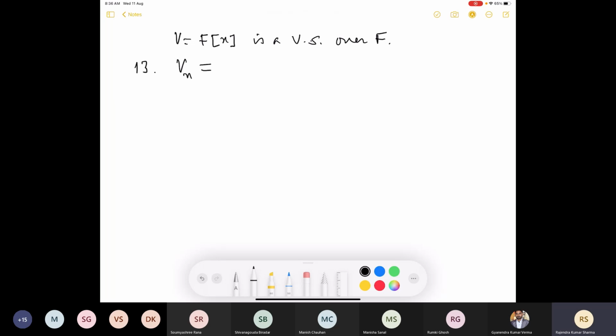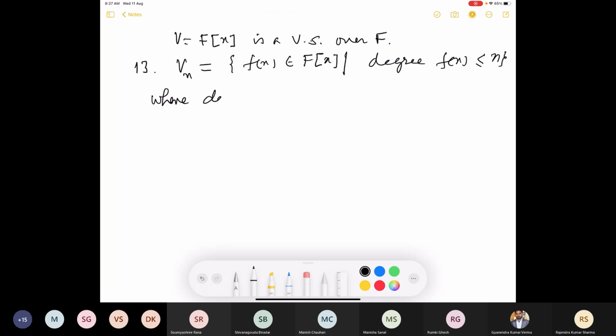So this will be the polynomials f(x) in F[x], such that the degree of f(x) is less than or equal to n, where degree of f(x) = a0 plus a1x plus up to an x^n is n if an is not 0.